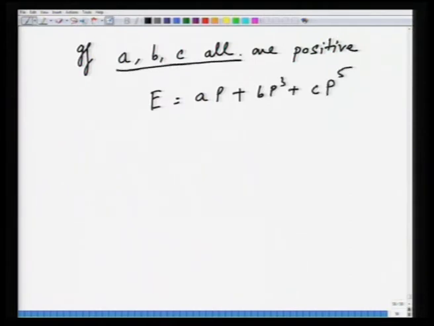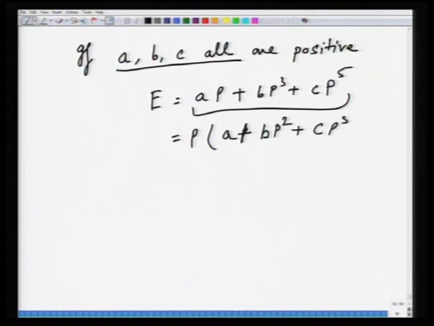So, if A, B, C are all positive, then in this expression, if you take P into A plus B P square plus C P 4, sorry, then P is equal to 0 is the only root.